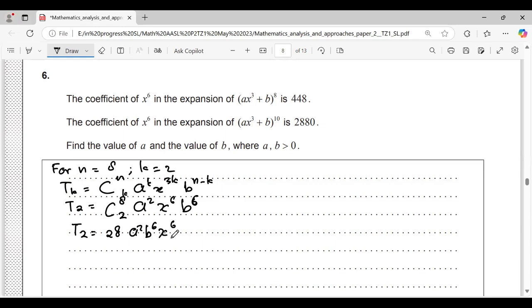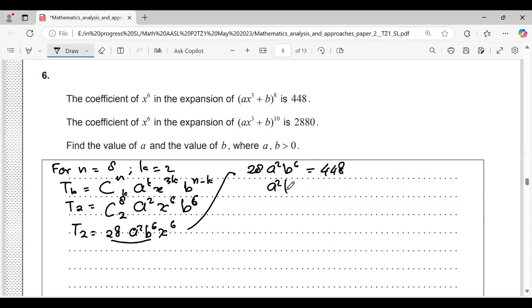And according to the information in this question, this is the coefficient of x power 6, so 28 a squared b power 6 equals 448.